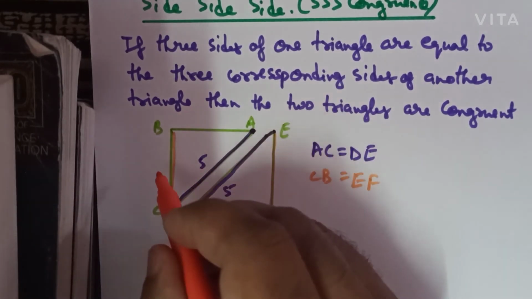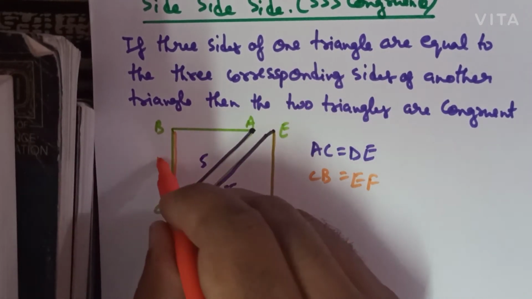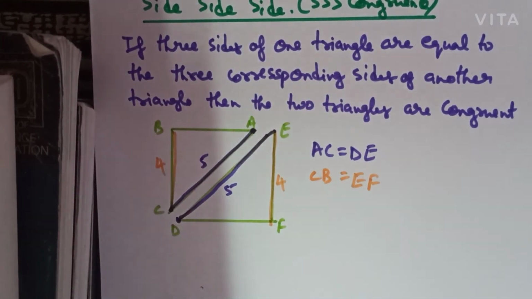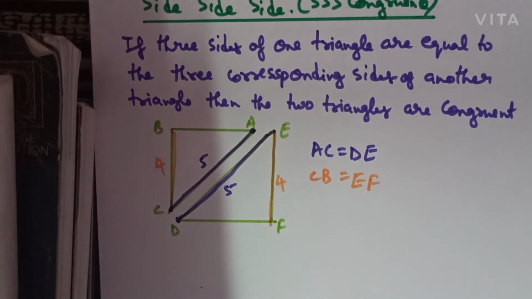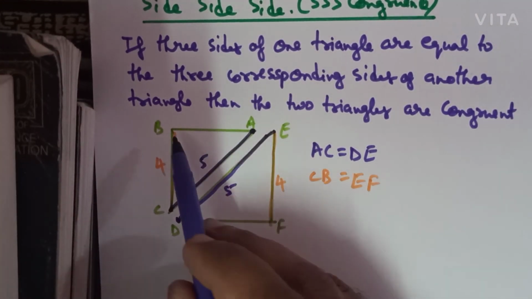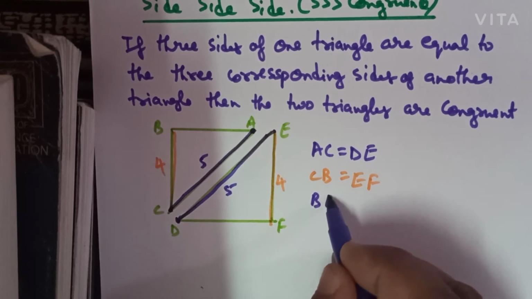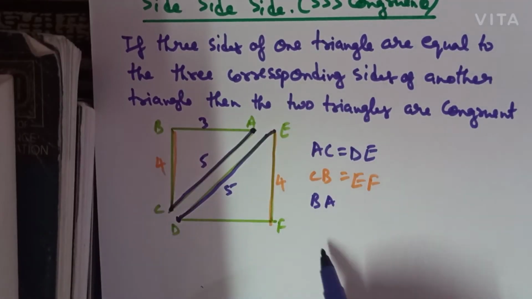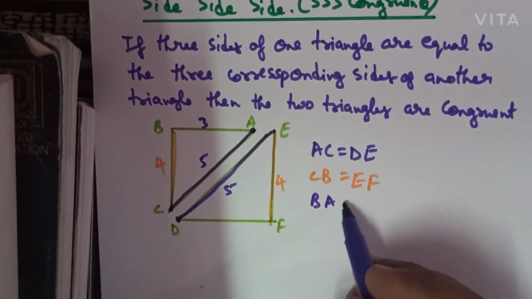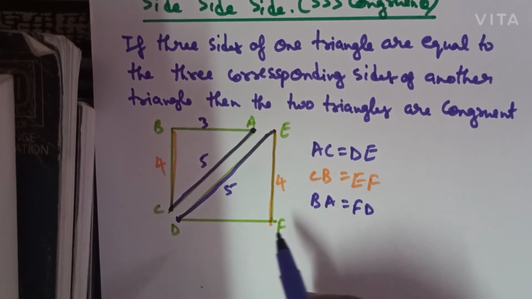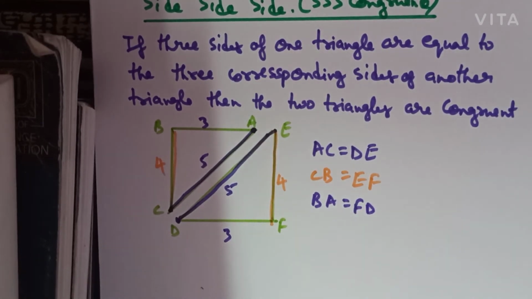So CB is 4 centimeter and EF is also 4 centimeter, and obviously the third side, from B to A, that is BA, let's say it is 3 centimeter, and from F to D, that is also 3 centimeter.